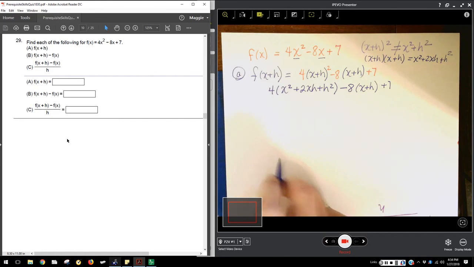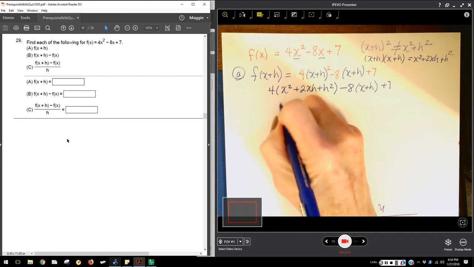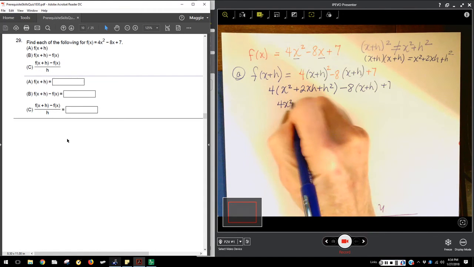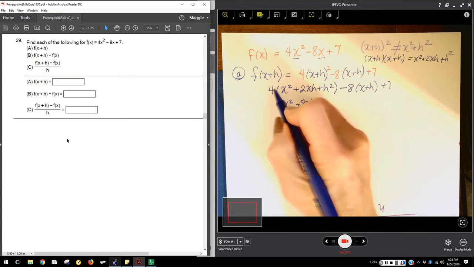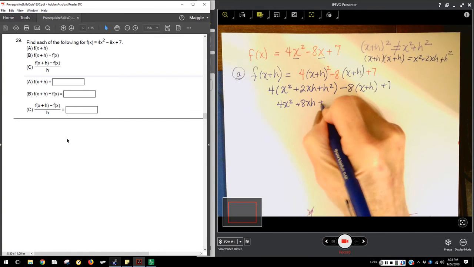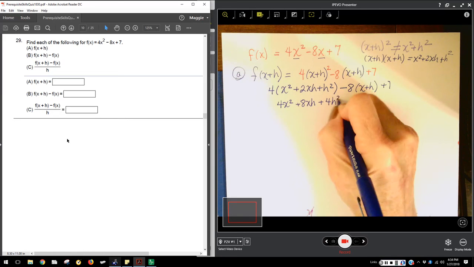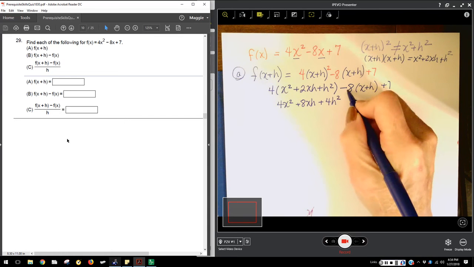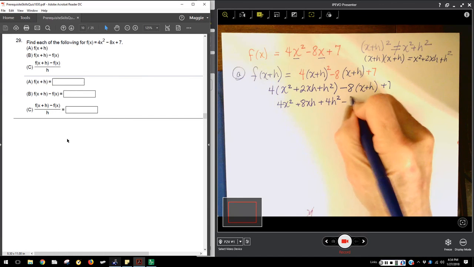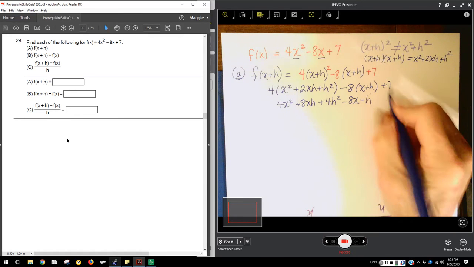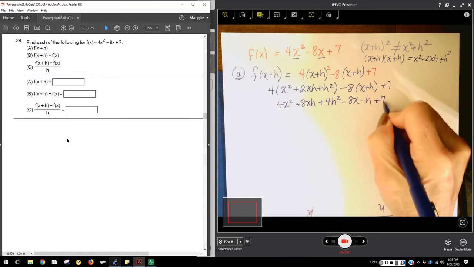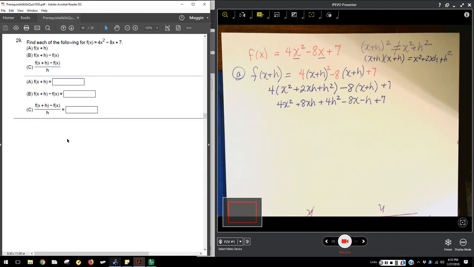And then we're going to simplify that again. 4x squared, 4 times 2 is 8xh. 4 times h squared is 4h squared, minus 8x minus h plus 7. So that's f of x plus h.